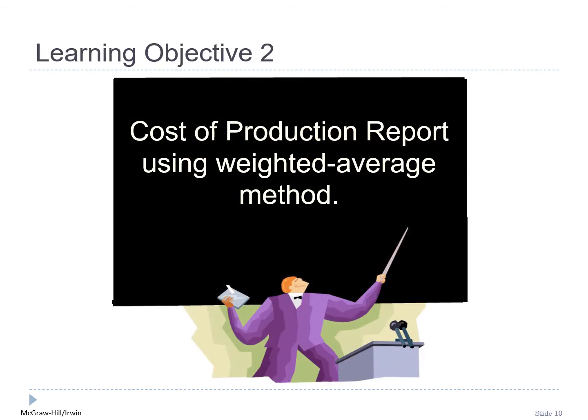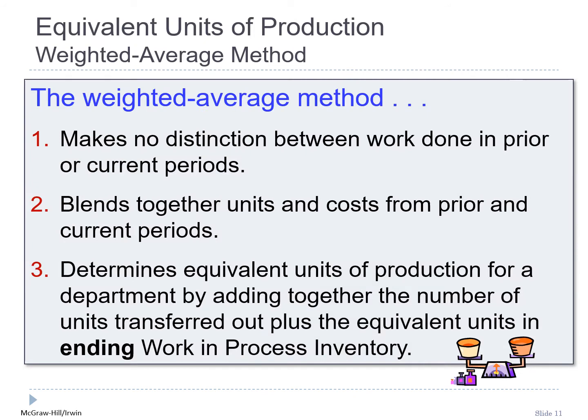Ayan. So let's try to apply the basic concepts I have discussed by preparing a cost of production report using this time the weighted average method. Ayan, so ito yung characteristics ng weighted average method. So the weighted average method makes no distinction between work done in prior period, meaning yung beginning inventory, and the work done for the current period.